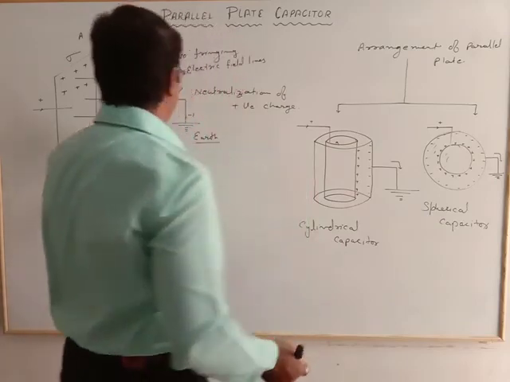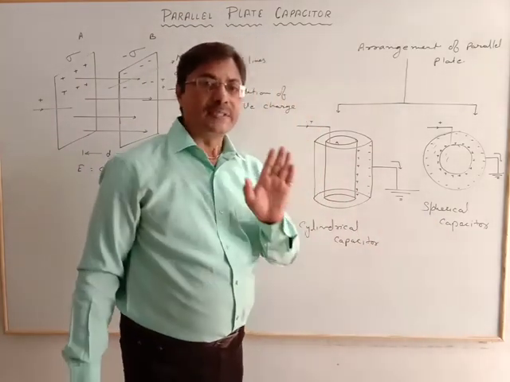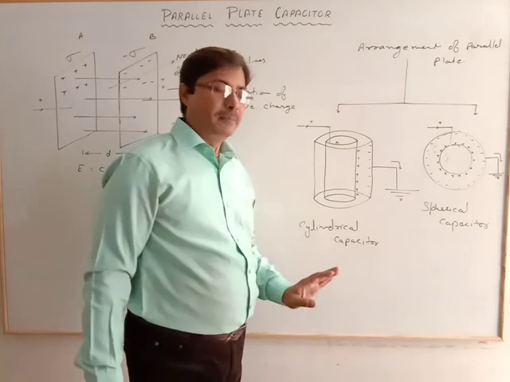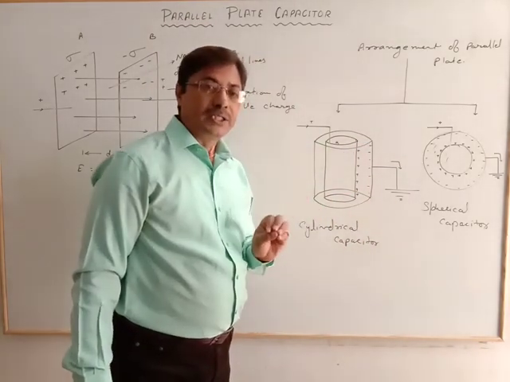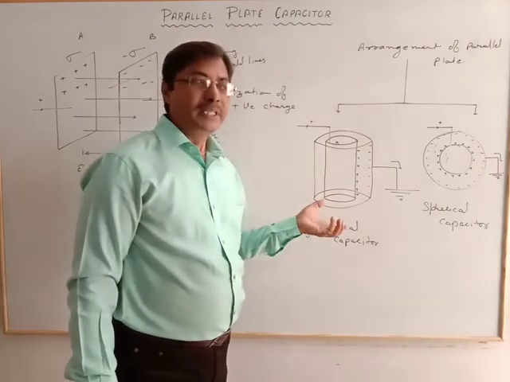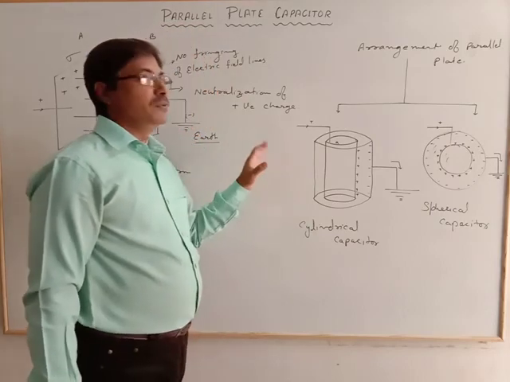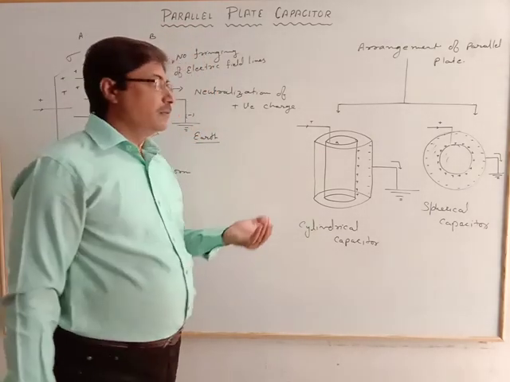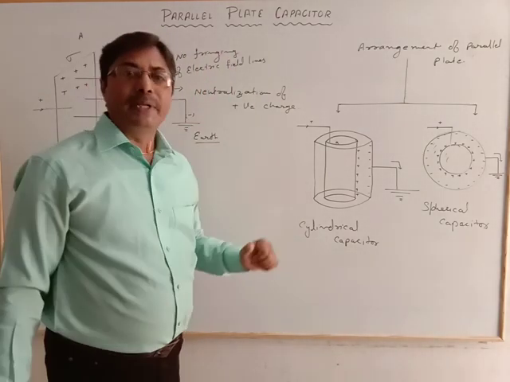Whatever it may be, parallel plate, cylindrical or spherical, all have the same principle, and the purpose is also the same: to store a large quantity of charge, that means to increase the capacitance. That is the arrangement which we observe here. Next class we will explain the capacitance of the parallel plate capacitor.